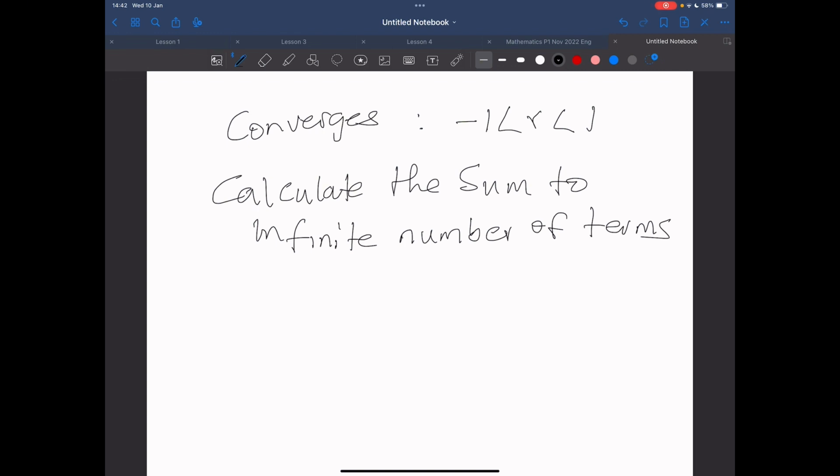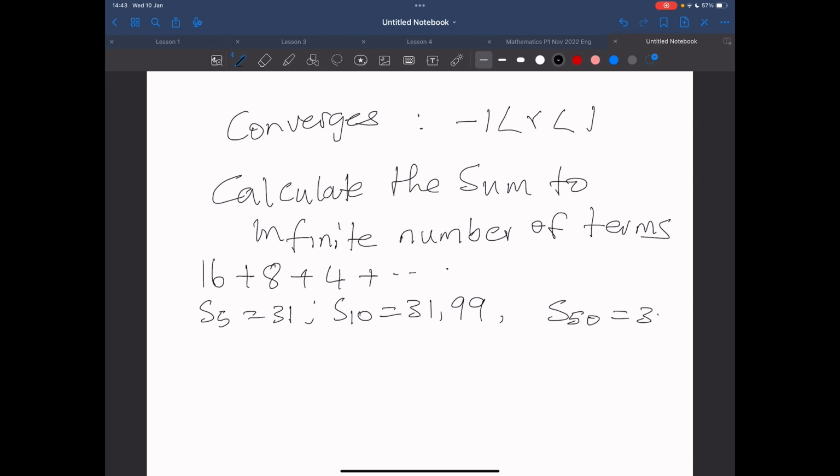We have seen that in our series 16, 8, 4 that we have been looking at, we calculated sum 5, it gave us 31. We calculated sum 10, it gave us 31.99 something. So as we continue adding the terms, we also realized that when we calculated sum 50, we got 32.